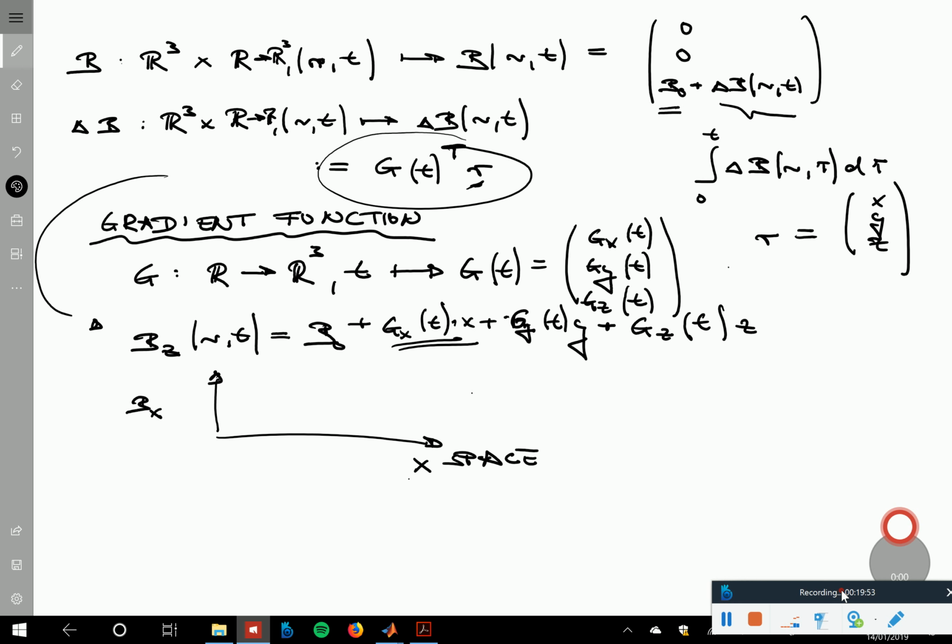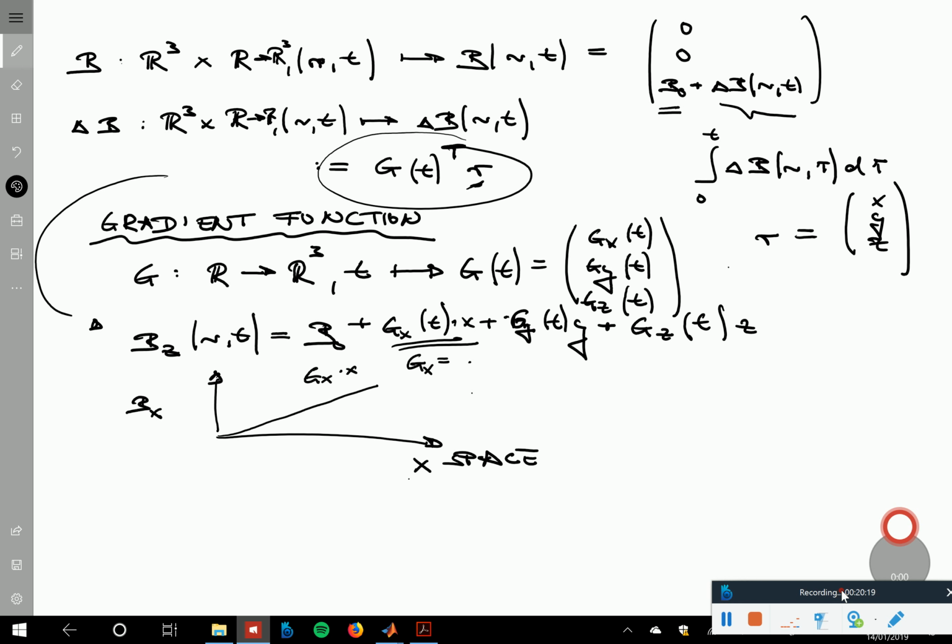If we now assume that this gradient function is constant over time, so that it doesn't change with time, so we just have Gx, for example, and this we define as 2, then we just have the function 2 times x. So we have this kind of outcome. This is our Gx times x.